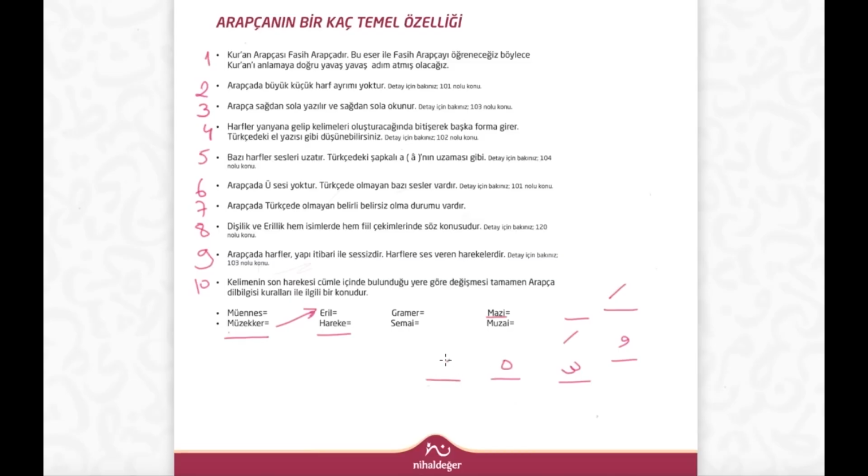After that, tanwin, these are called dual numbering. These movements, normally, diacritics are not actually written. We read as if they were there.